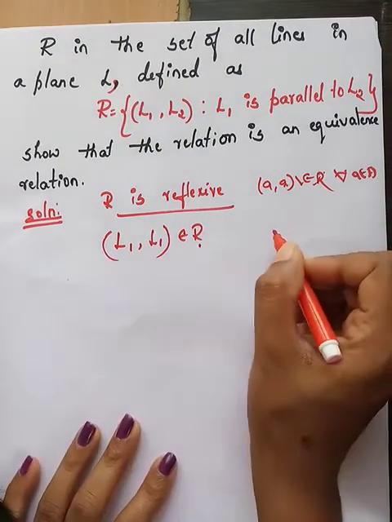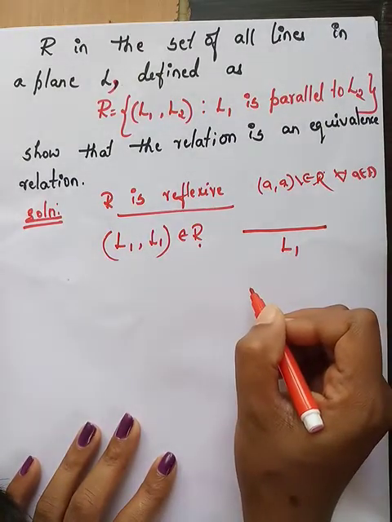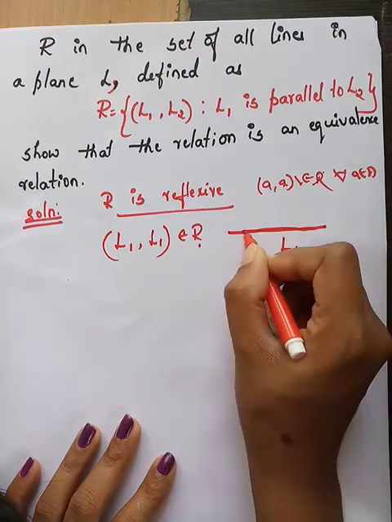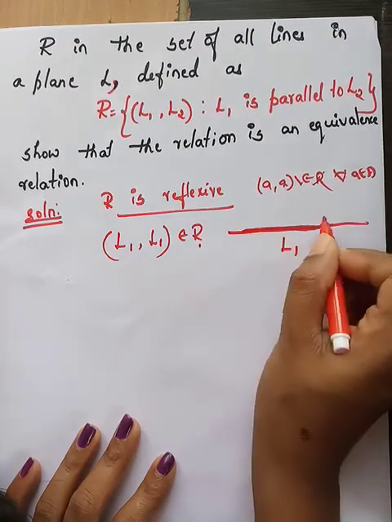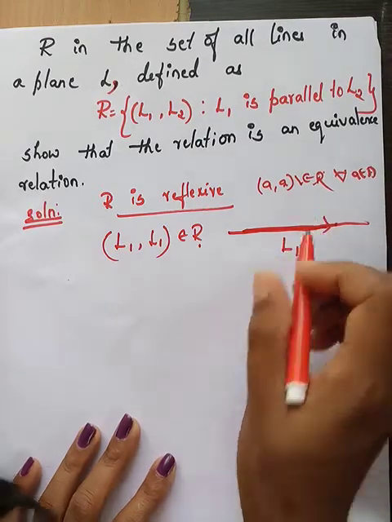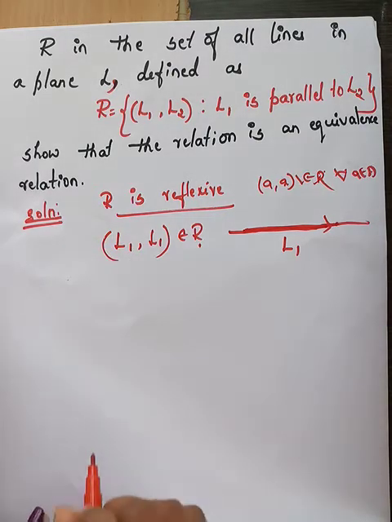Suppose you take line L1, and again take one more line, L1 itself. You can see L1 is always parallel to L1. Any line, if you take, is always parallel to itself. So if we take any line in a plane L, it is always parallel to itself. Therefore, this relation is reflexive.